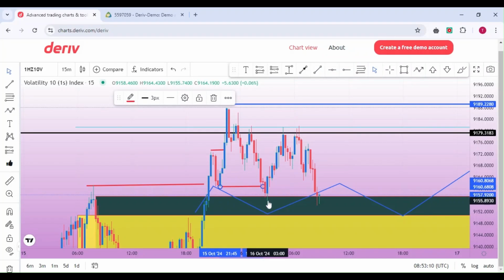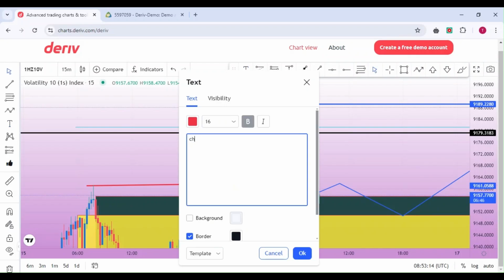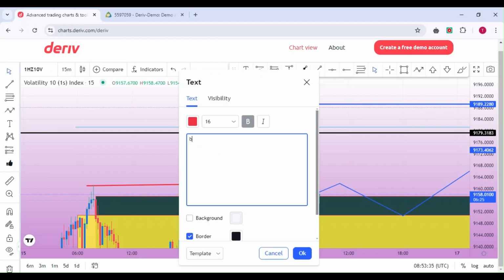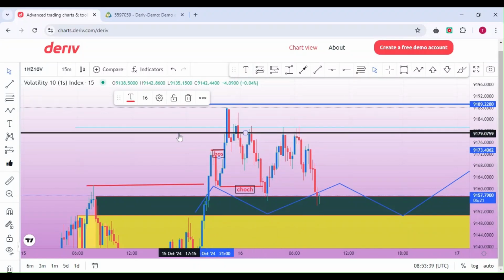So we have changed something we call change of character, or CHoCH. This is the change of character here. So I hope we are all together on how you do your basic analysis. We can see on this area we have created something we called BOS, and we are at the 15 minutes because we want to get an entry.